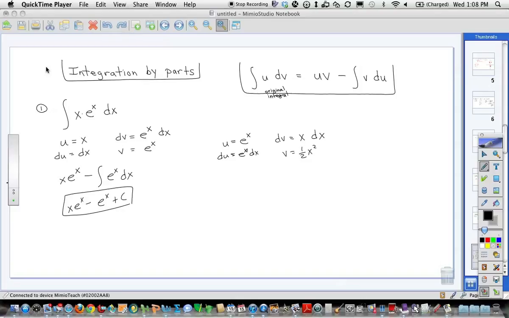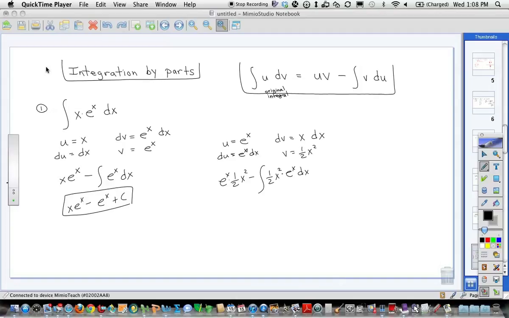When we write our formula, we'd have u times v, so e to the x times 1/2 x squared, minus the integral of v, 1/2 x squared, du, which is e to the x dx. We were hoping to turn our integral into something easier to do. What happened? It's harder to do. We got an integral that's actually harder.